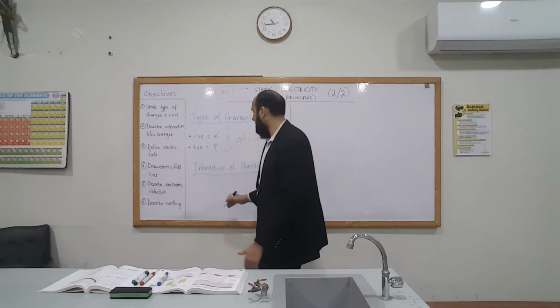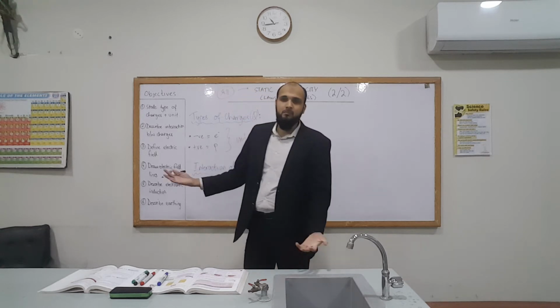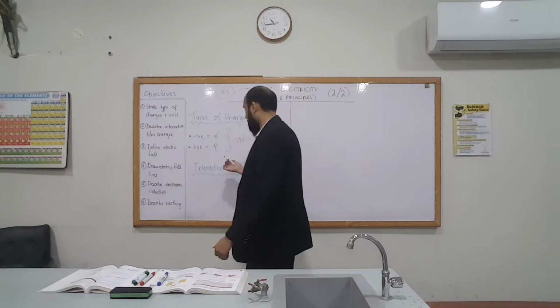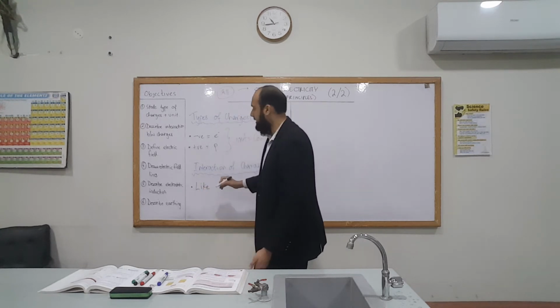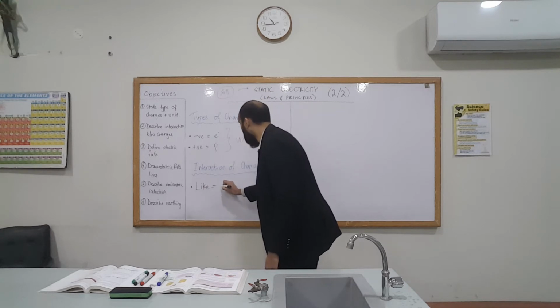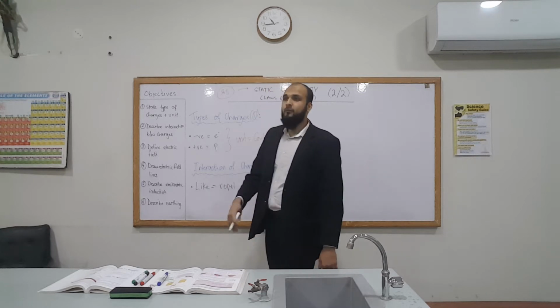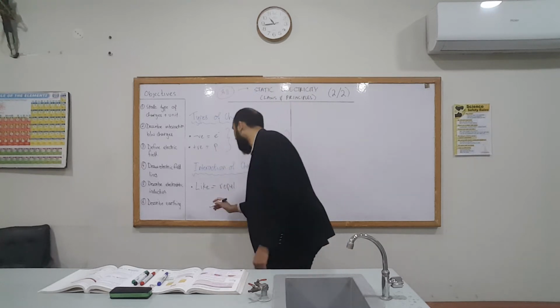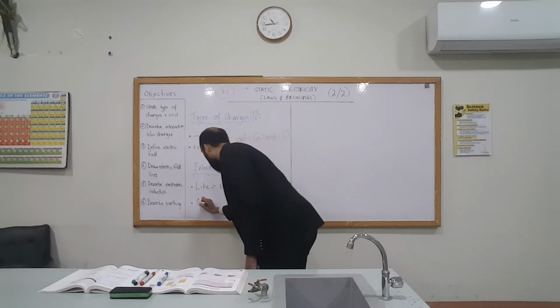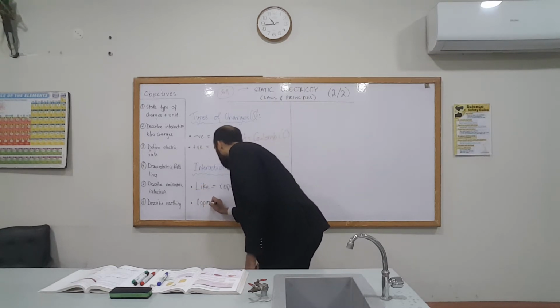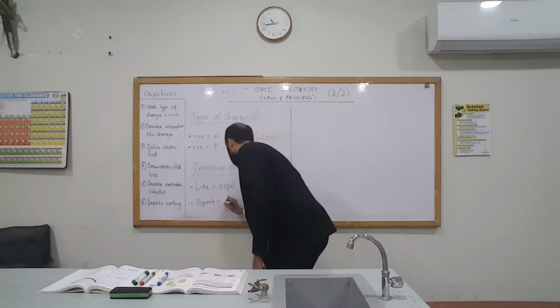So some cases will attract, some cases will repel. To be a bit more specific, if you've got like charges, same charges, like a positive and a positive, these will repel. Okay? And if you've got a positive and a negative, we will just call them opposite charges. Okay? So opposite charges, these would attract.